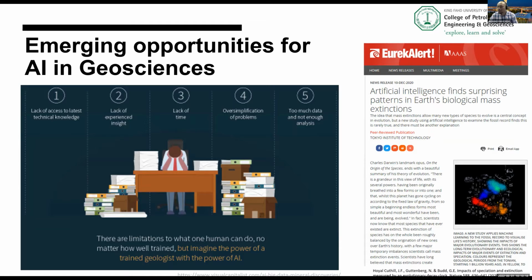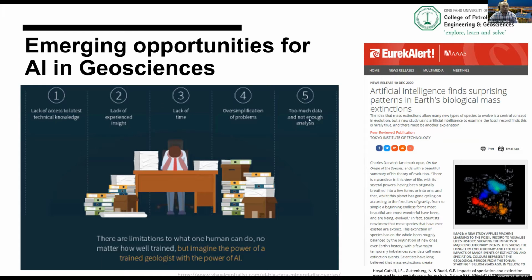I know almost nothing about economic geology, so although I already got my PhD, I cannot just jump in and try to apply AI in economic geology, because I don't have the background. Another very common problem is oversimplification of problems. As we know, geology is very complex, so we try to oversimplify, and that's where we start to introduce some error or bias.